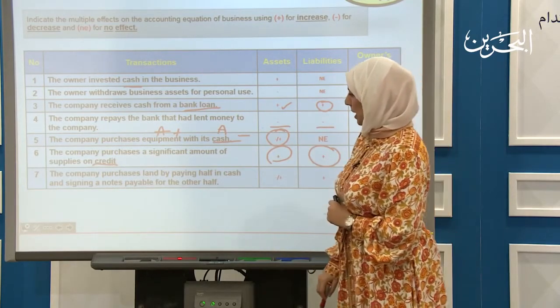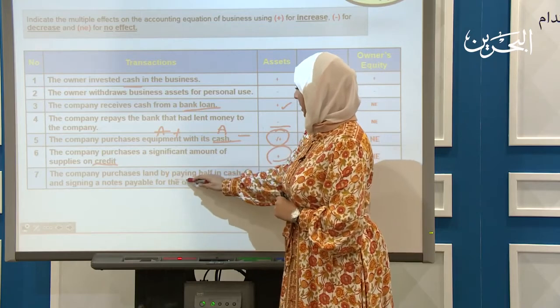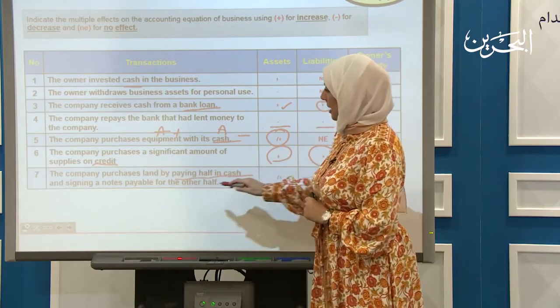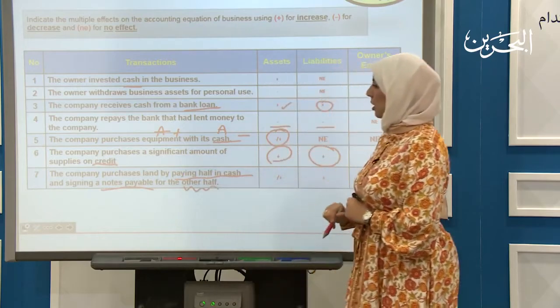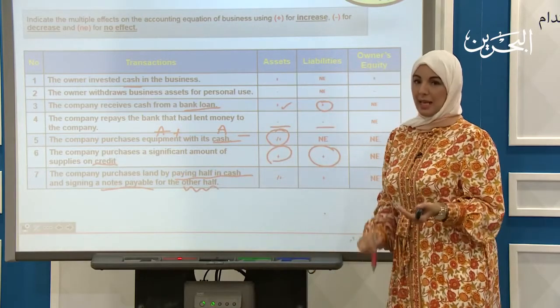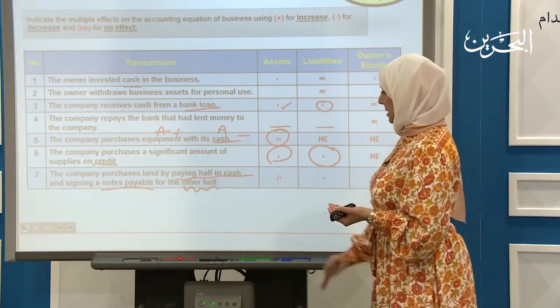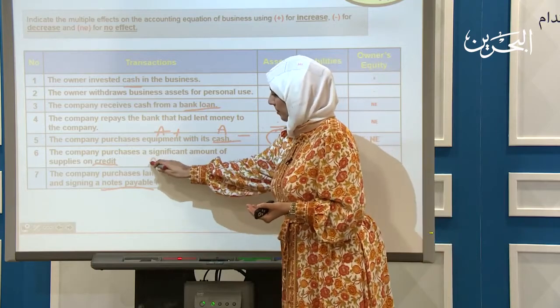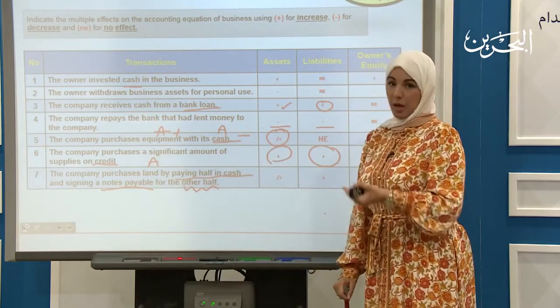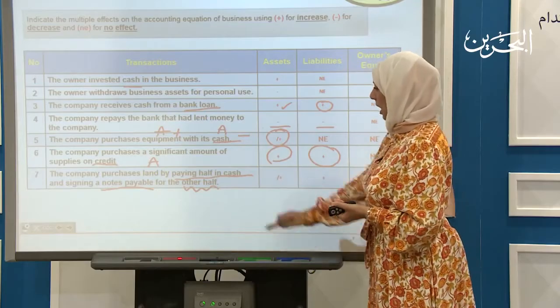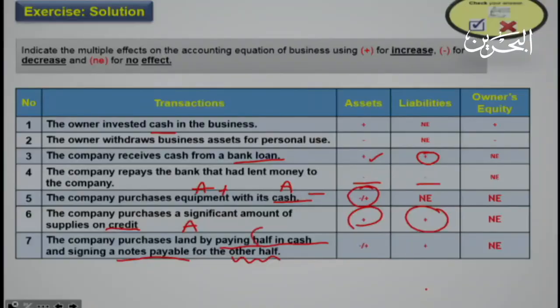The company purchased land by paying half in cash and signing a note payable for the other half. So I purchased land. The land is an asset for me. So the assets will increase. Did I pay the amount of this land? Yes, I paid just half of the amount.